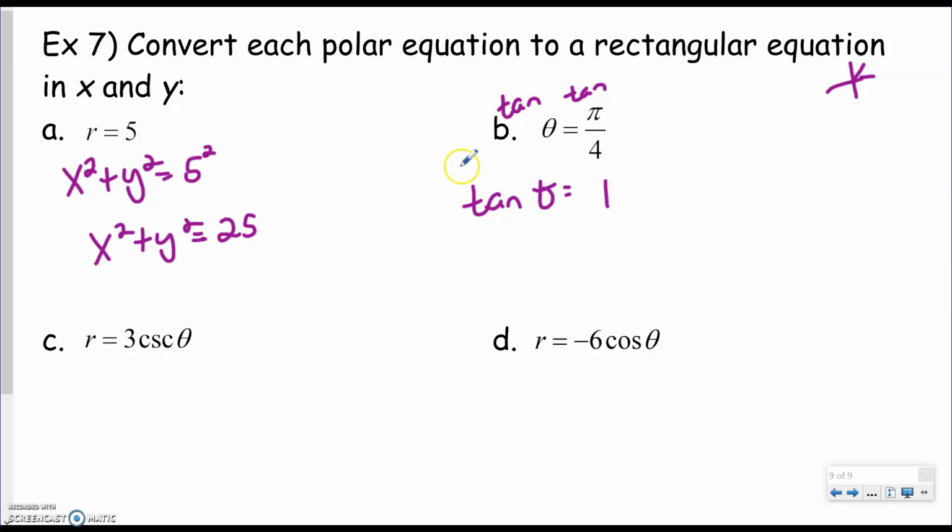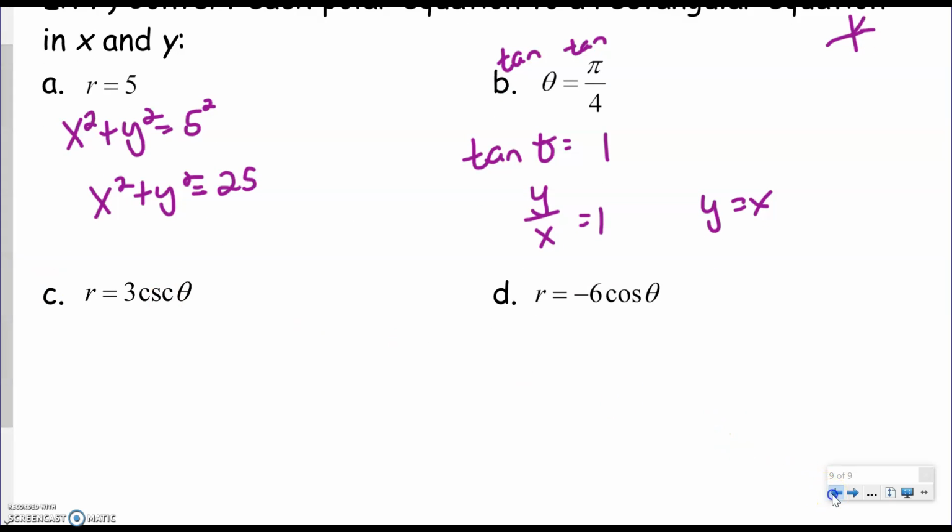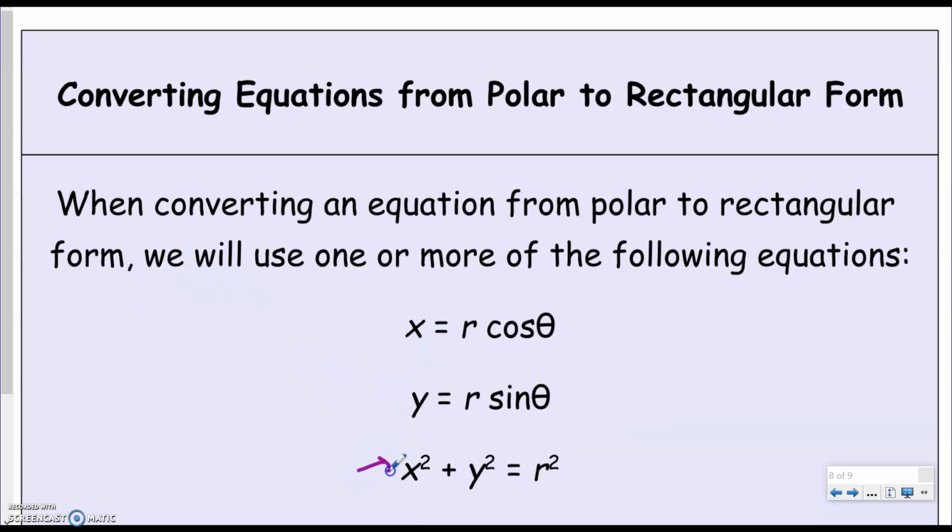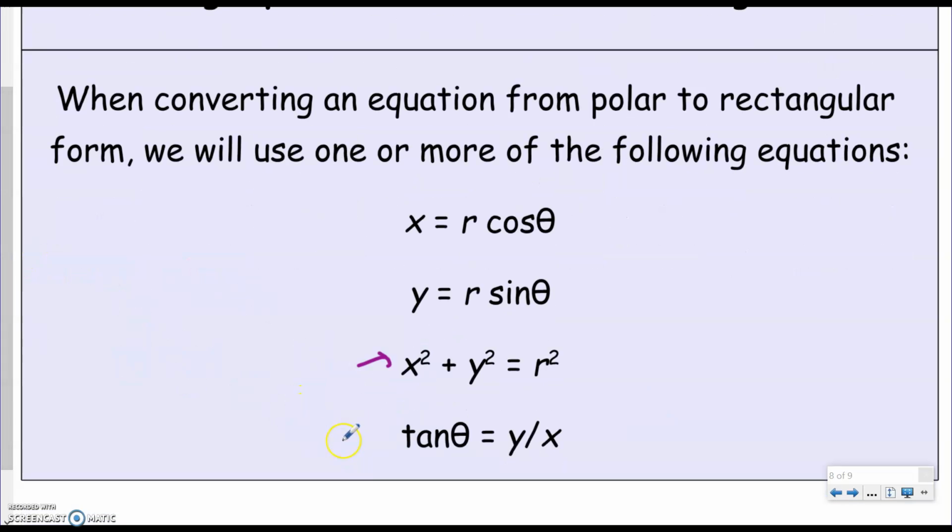So if I know tangent of theta is 1, that means y over x is 1, and I can solve to get y equals x. Okay, so when I'm doing this, I'm using this for the first one, and I'm actually using this for the second one. Now we're going to go back and use this for the third one.